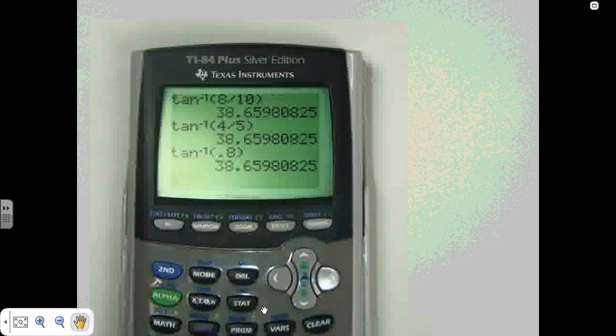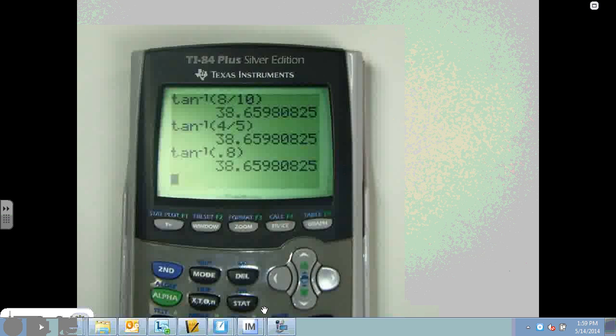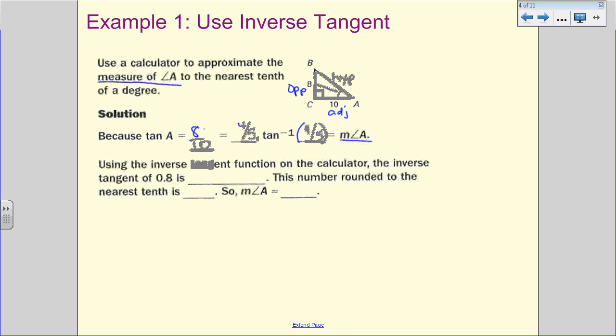Nearest tenth? Is that what it says in there? Alright, so use the tangent inverse formula. The tangent inverse is 38.6598. So rounded to the nearest tenth is 38.7. So 38.7 degrees.